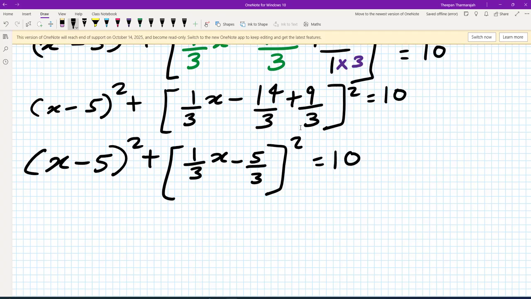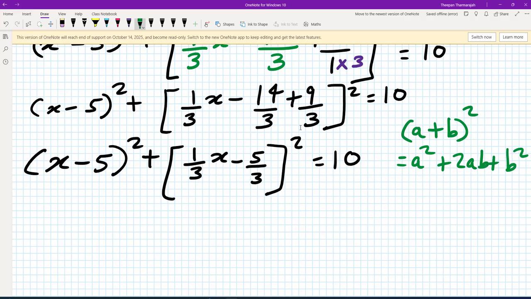At GCSE, your teachers, or certainly I would have taught you, that (a + b)² is equal to a² + 2ab + b², and also (a − b)² is equal to a² − 2ab + b².